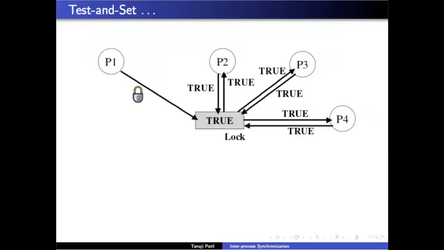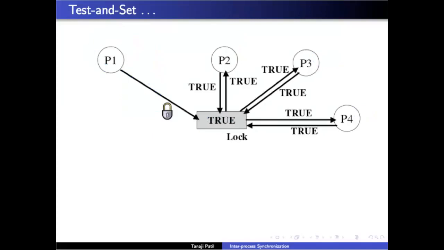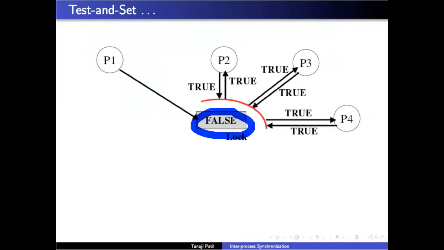Now suppose P1 has finished working with the critical section and P1 wishes to now release the lock. Releasing the lock is nothing but just setting the value to false. So P1 has released it and now it is false.